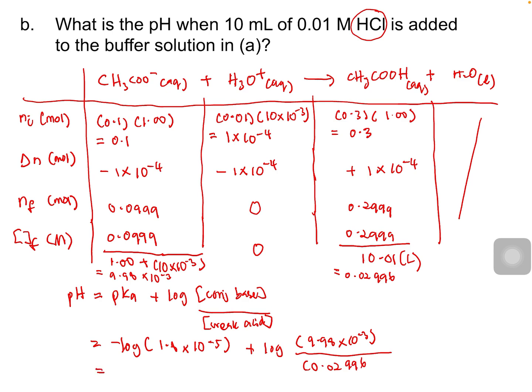Okay, just kira-kira masuk dalam calculator, you akan dapat pH yang sama macam A. So it's proof lah. Walaupun kita tambah strong acid HCl, okay, pH dia akan maintain 4.3.